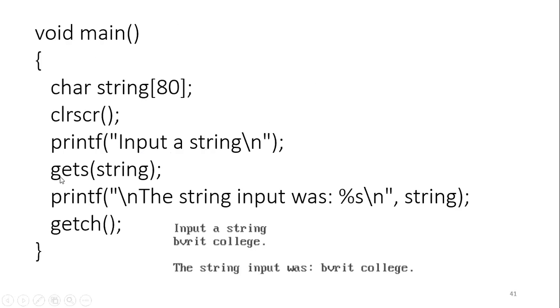If we use scanf instead of gets, then scanf will not read the space character. scanf will take only bvrit. It will ignore the remaining characters, college. So the advantage of gets is we can use space between the string.